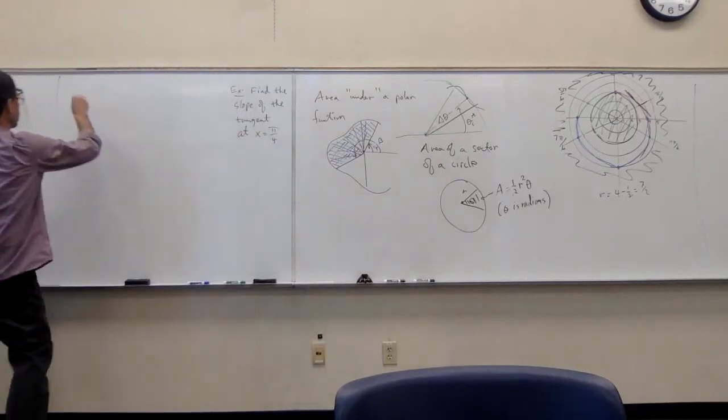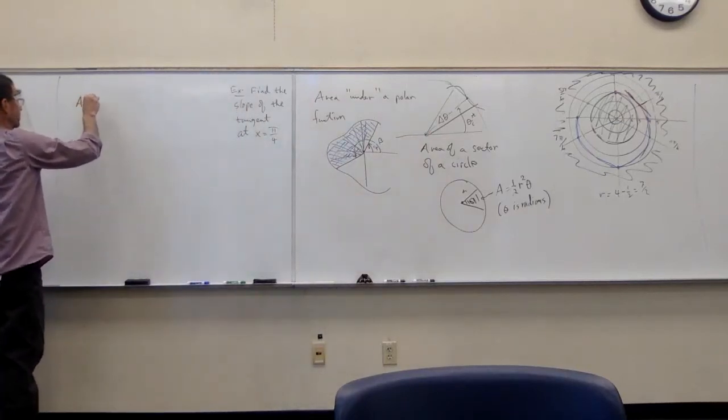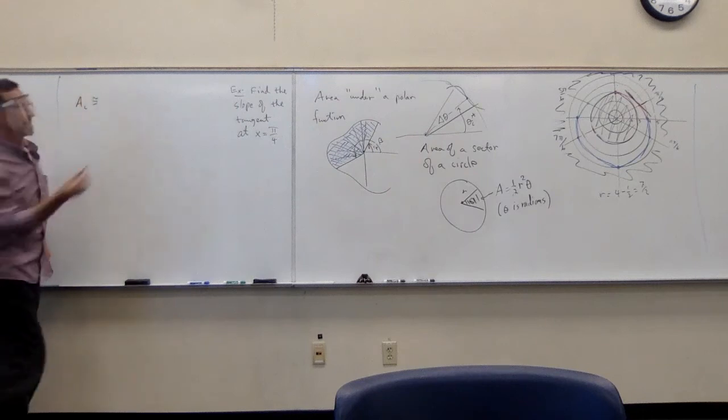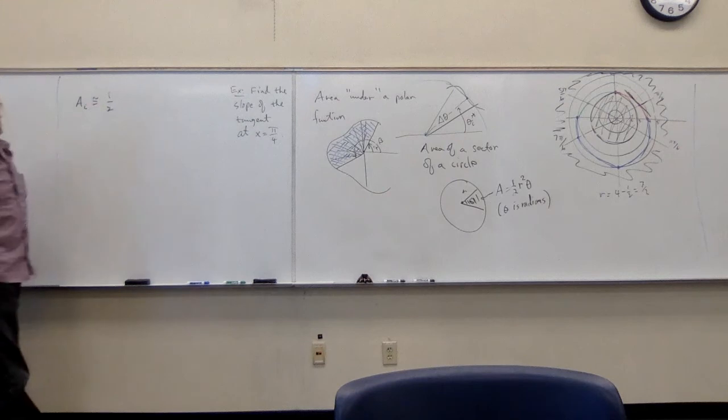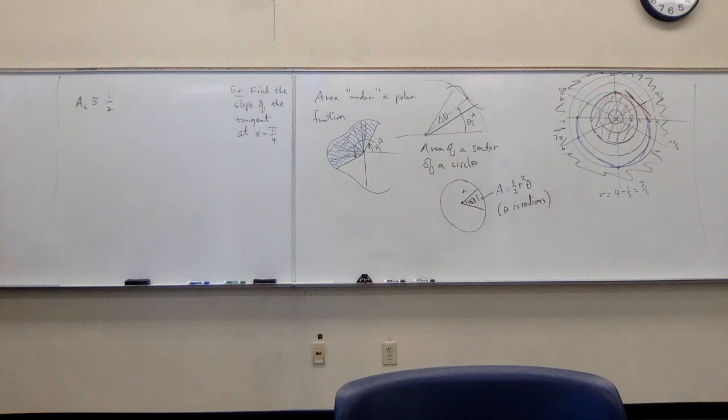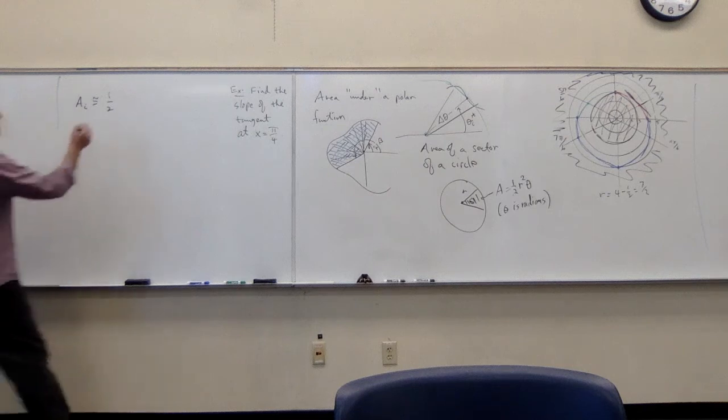Delta A i, the area in the ith part of the partition, is approximately equal to the area of that green sector, which is 1/2. What's the radius of that sector? f of theta, the theta we chose.